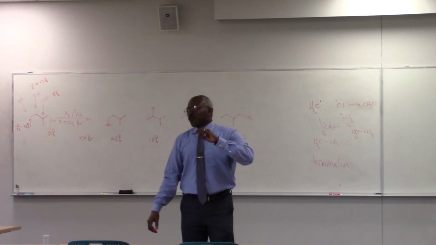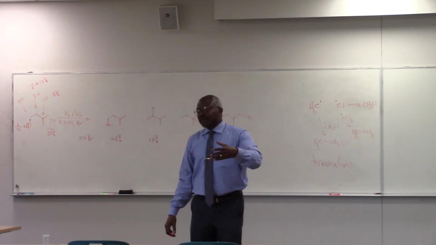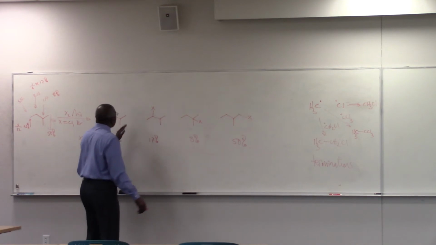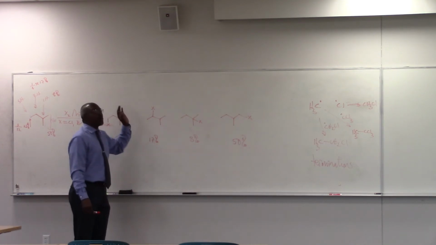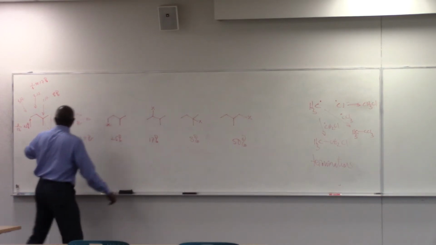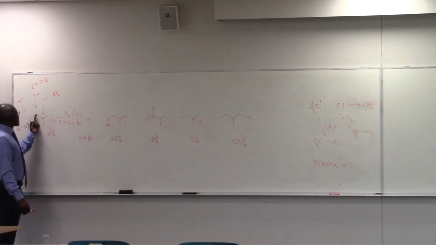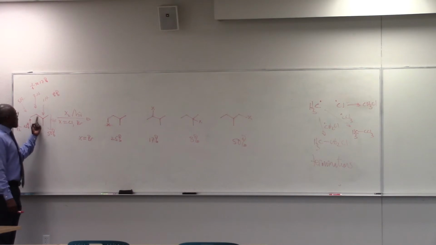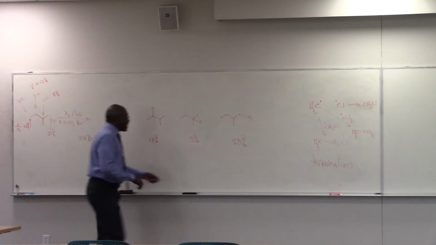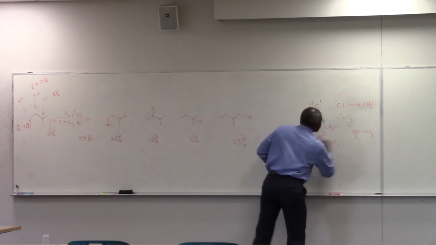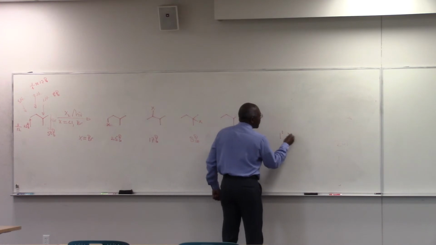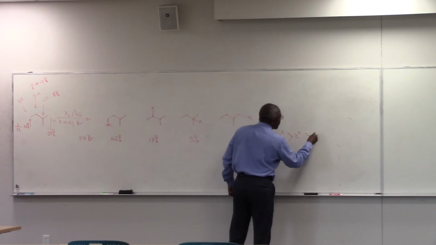Great. So what does that mean for us? Well, what it means is that because you tend to have more primary H's than secondary H's, than tertiary H's, statistically for this it means we get a preference of primary over secondary over tertiary.